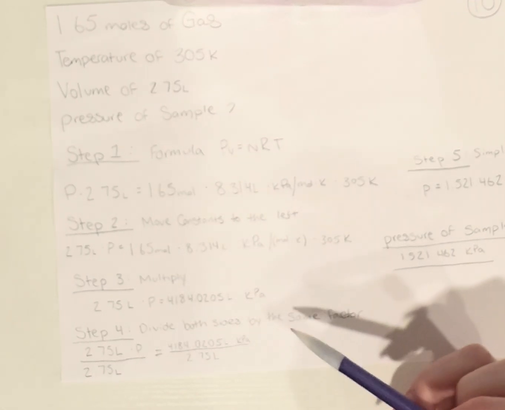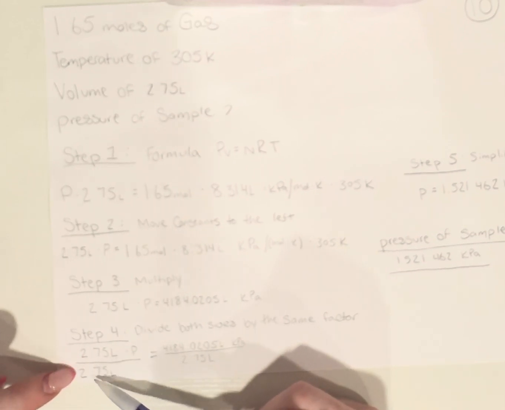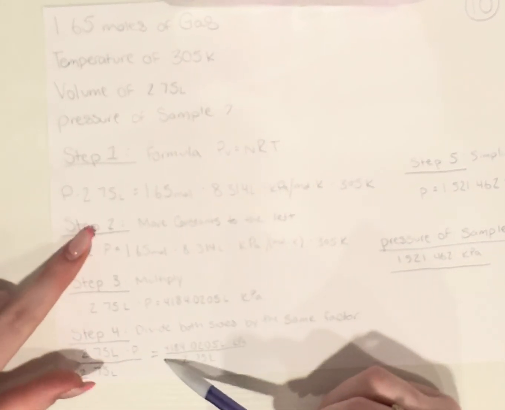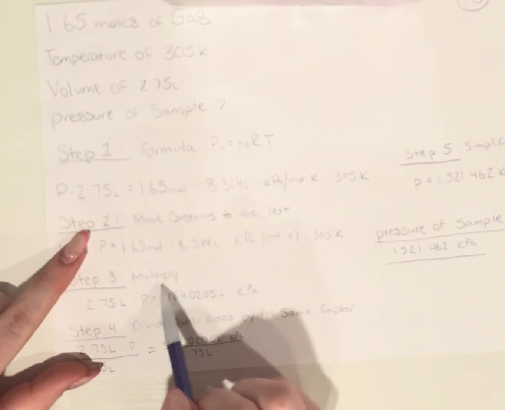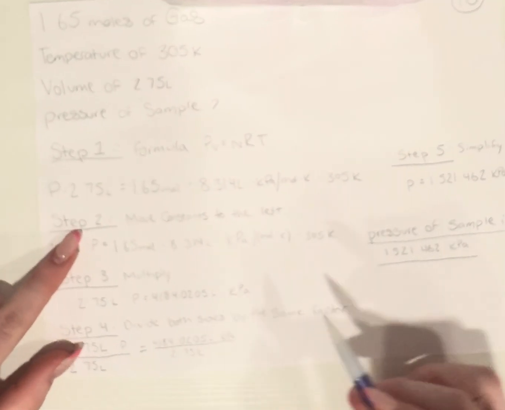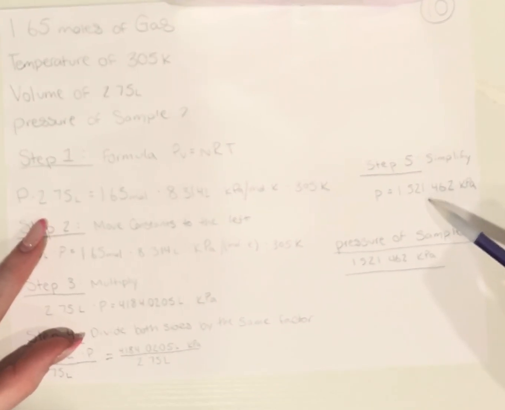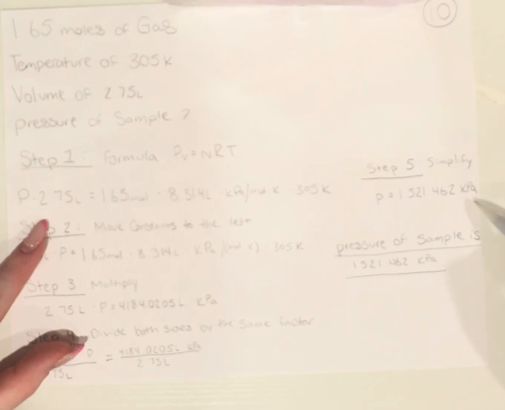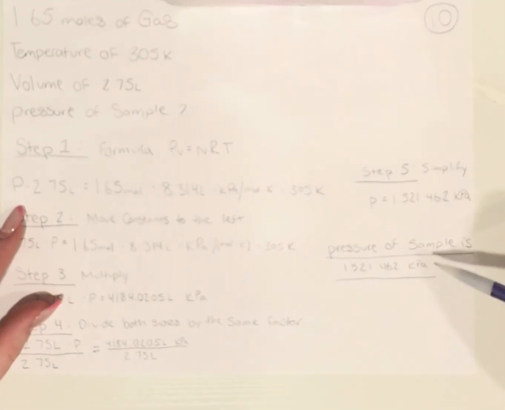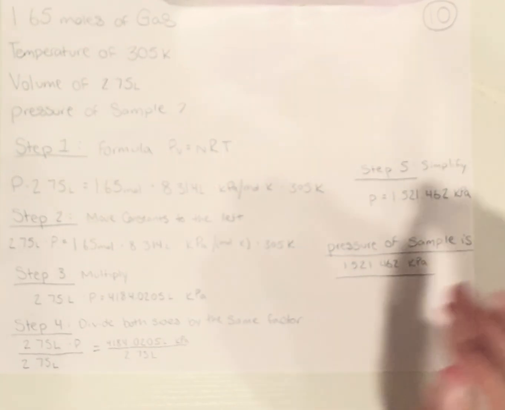So we're going to divide it by the constant. So 2.75 divided by 2.75, and we are going to take the answer we got right here, put this up top, divide it by the constant, and when we get that, we are going to get 1521.462 kPa, making the pressure of this entire sample 1521.462 kPa.